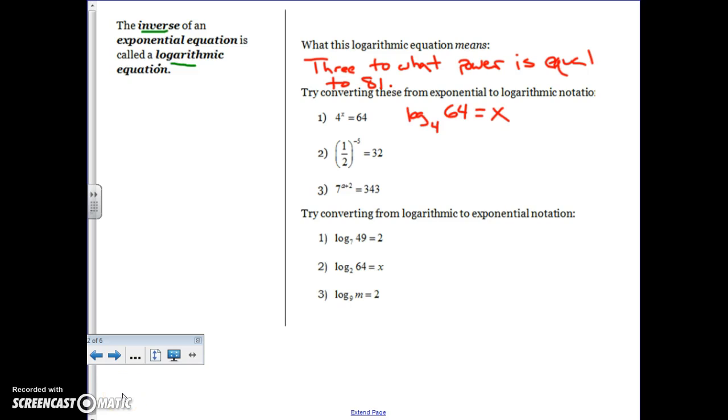Well, there's the first one. You might have needed a little help. We would read 4 raised to the x equals 64. When we put it in logarithmic notation, this would be read as log base 4 of 64 equals x. So pay close attention to where things are. Look at where the base goes. Okay? In exponential, here's the base. Now in log form, it's in the subscript.